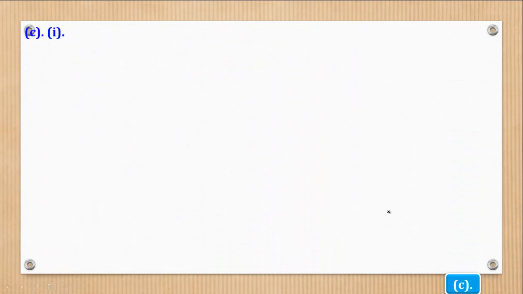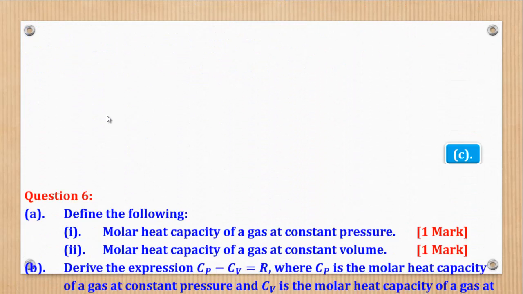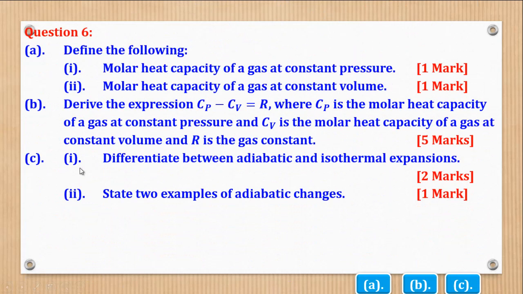Then part C says Roman 1, differentiate between adiabatic and isothermal expansions.